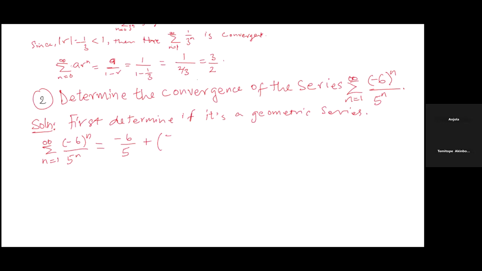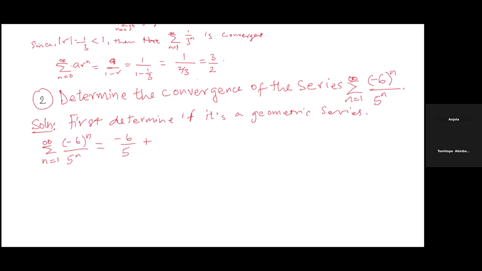Now, you can see that because both numerator and denominator are raised to power of n, I can make it compact by saying minus 6 over 5 raised to power of n. Let me just be explicit so that you get better understanding of it.